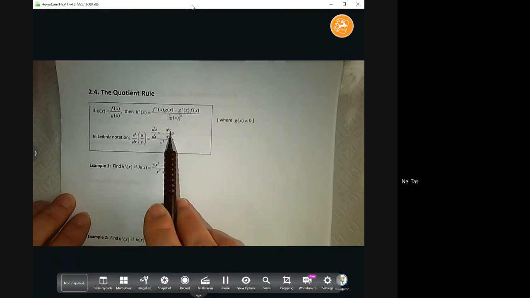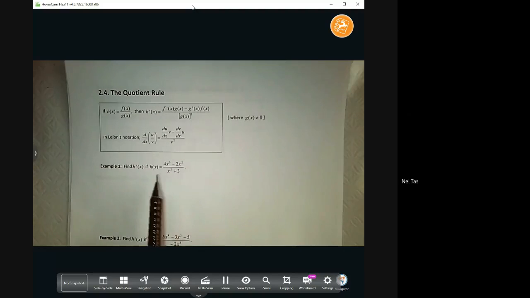If we use the Leibniz notation, let's say we have a function u over v, and we want to take the derivative of that. So we take the derivative of u relative to x times v minus we take the derivative of v relative to x times u over v squared. Let's apply this rule.